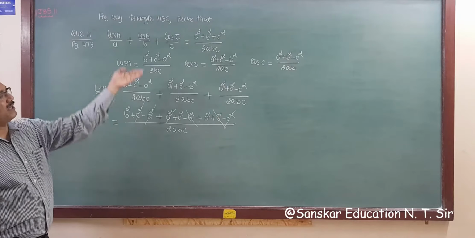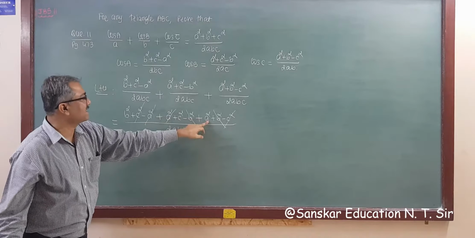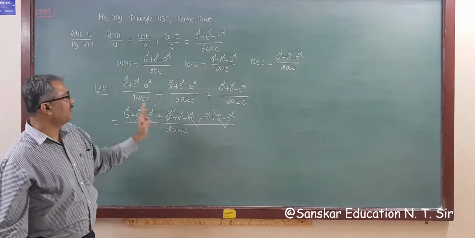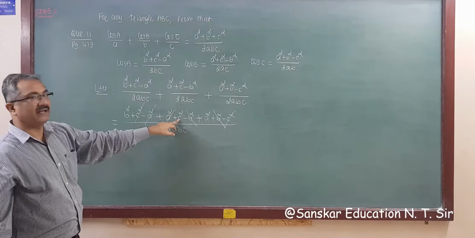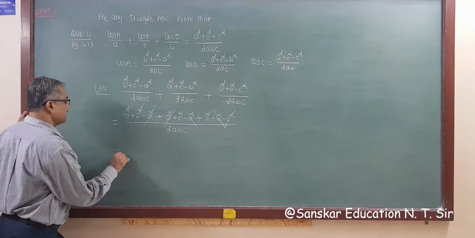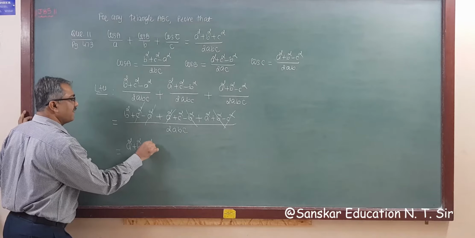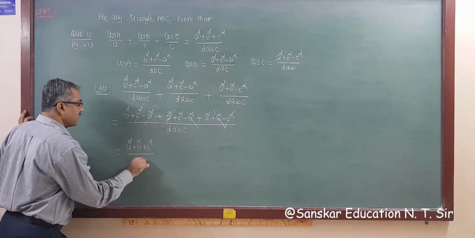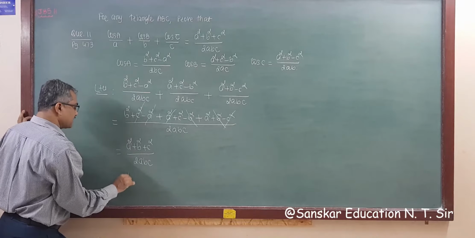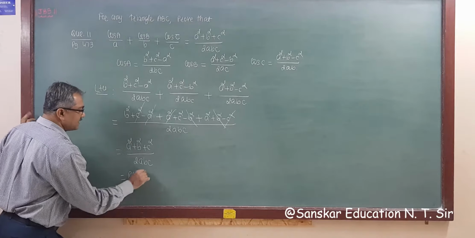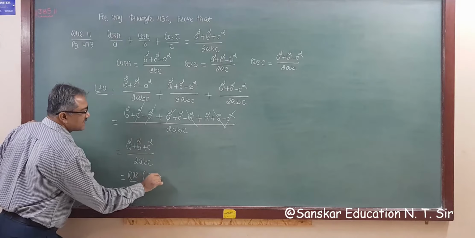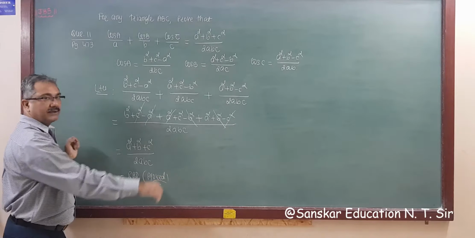So remaining is your answer: a square plus b square plus c square upon twice abc. That is your right hand side, and hence this is true, right?